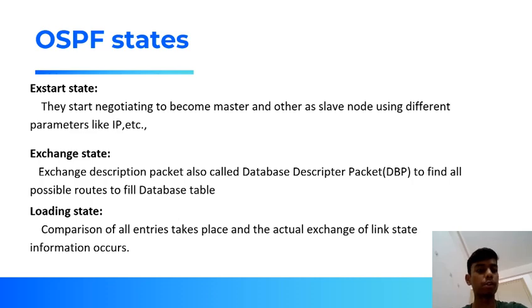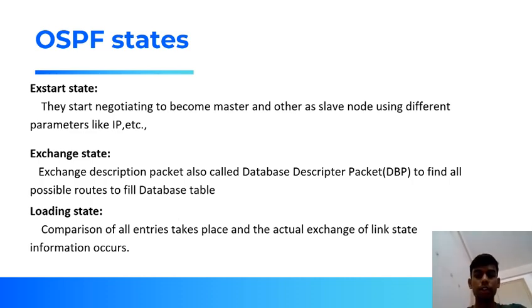This complete process takes place in the exstart state. Later, in the exchange state, after negotiation is over, they start exchanging the database description packets. This packet includes the list of paths in its database to the new node.